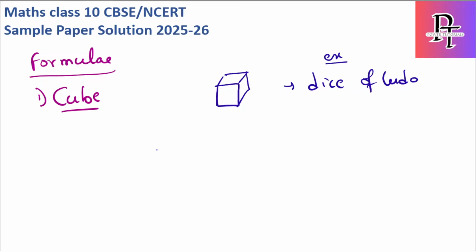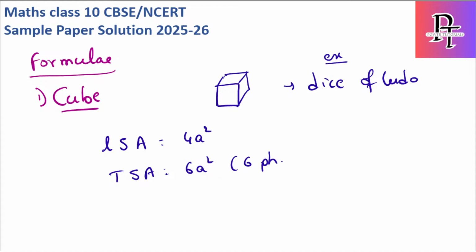So let's study surface area, that is lateral surface area, LSA. What is lateral? Lateral means we have to just exclude top and bottom and consider the rest of the sides. So the lateral surface area of a cube is 4a square, because it has 4 sides excluding top and bottom. If we consider top and bottom as well, then it is the total surface area, which is equal to 6a square, because 6 faces are present.